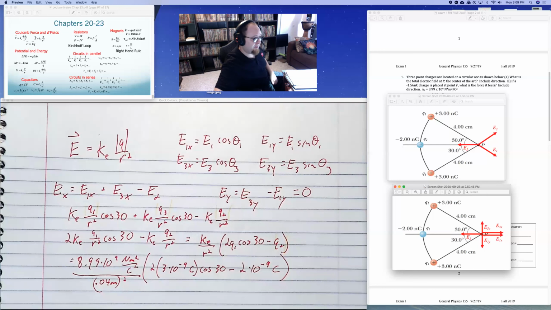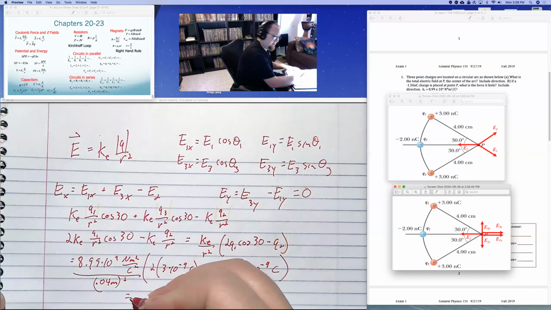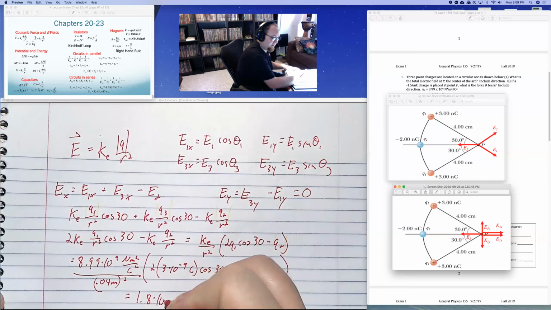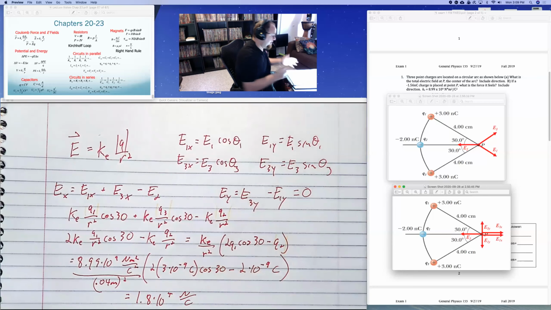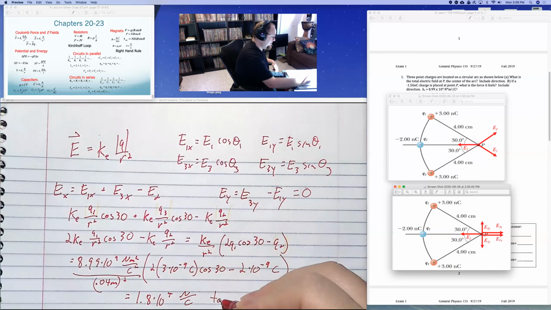But anyways, I can plug in and get that answer. Now, of note, I got a positive answer, and I was assuming positives to the right. So it's to the right.